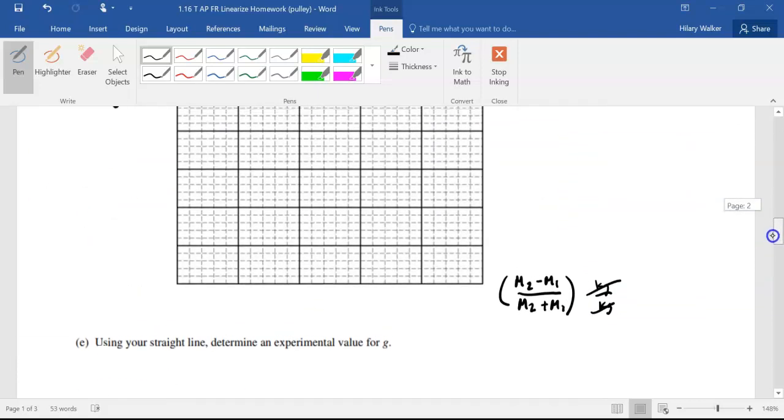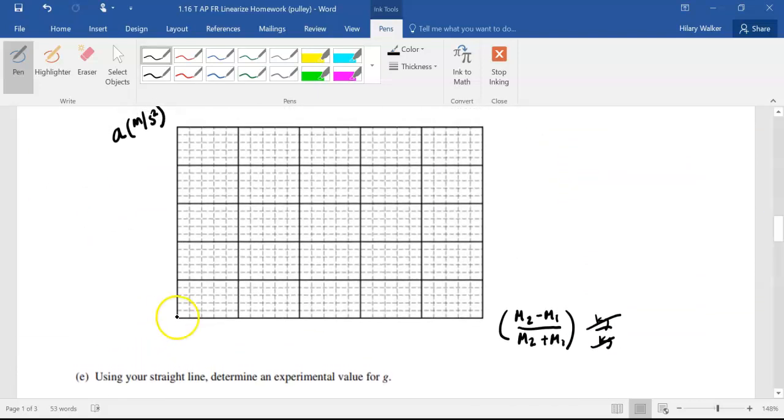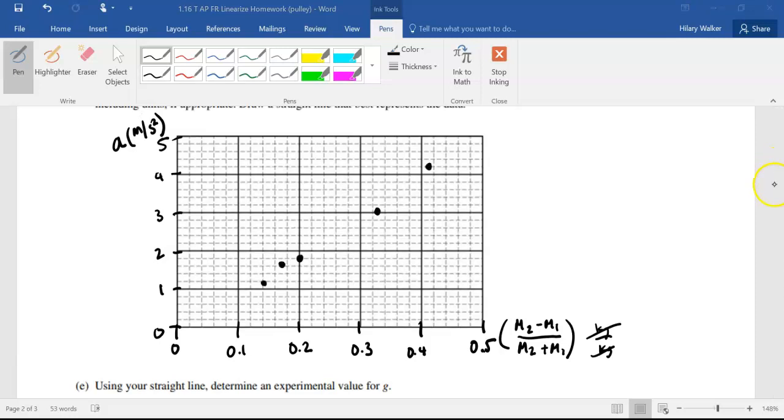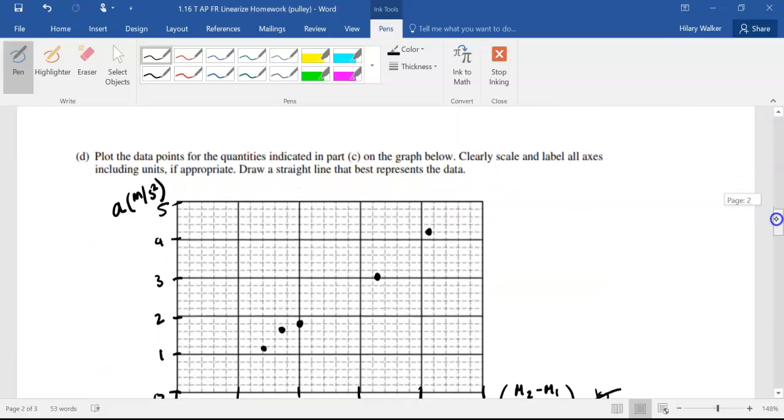So we've got 0, 0, then 1, 2, 3, 4, 5, and 0.1, 0.2, 0.3, 0.4, and 0.5. Now go ahead and graph it, and then you can check back in on the video. Here's all the data plotted, so you can check that.